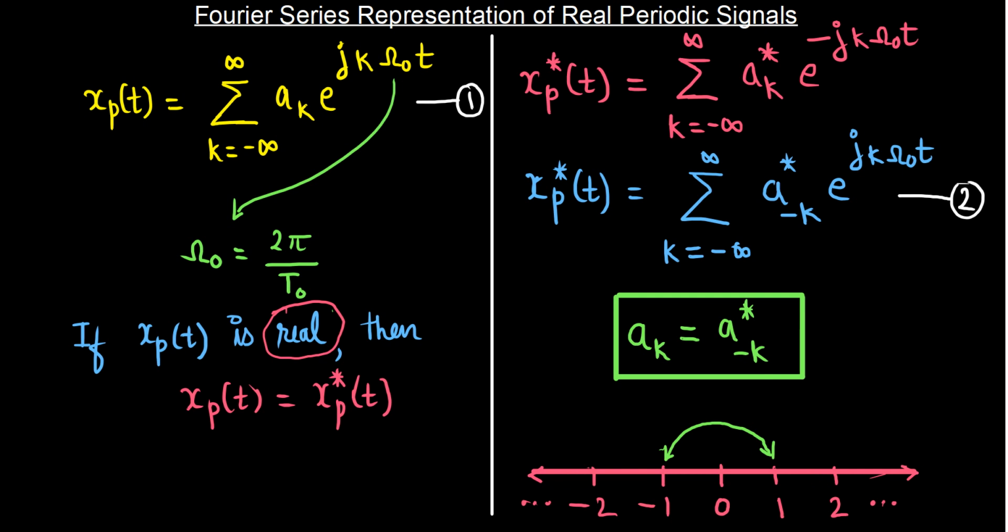Now let's make use of this condition that we have obtained and see how this expression changes if we impose this condition. So let me go to the next page and see what we get.